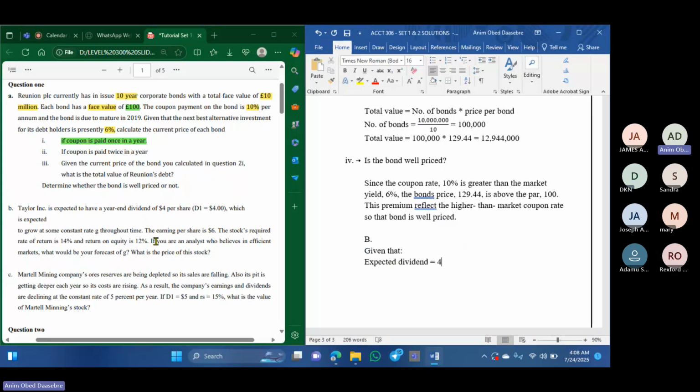Then we have earnings per share, which is 6.